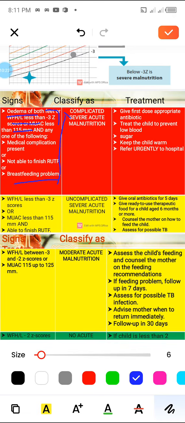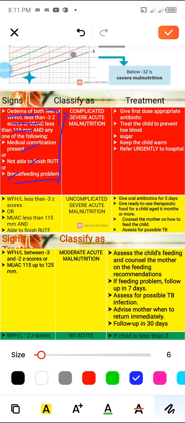Okay, then apart from these, you can have maybe a child who's having a medical complication, so you can choose any of these: medical complication, or unable to finish RUTF, ready-to-use therapeutic food, or breastfeeding problem.